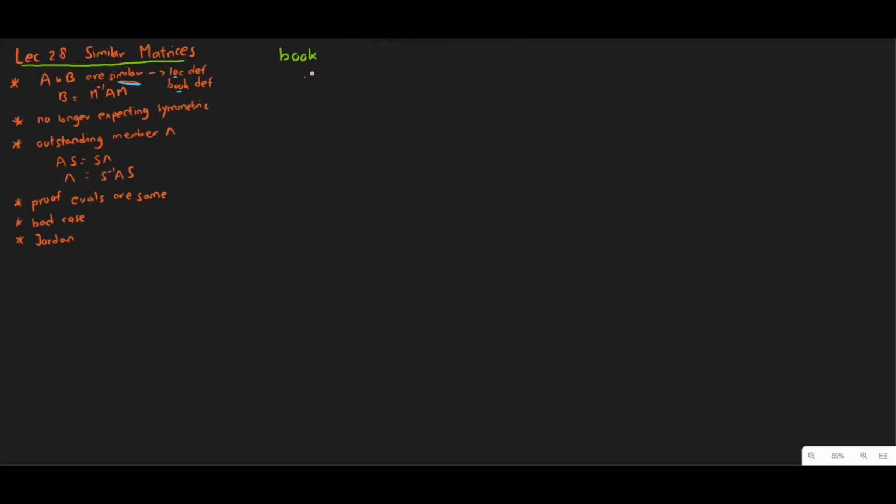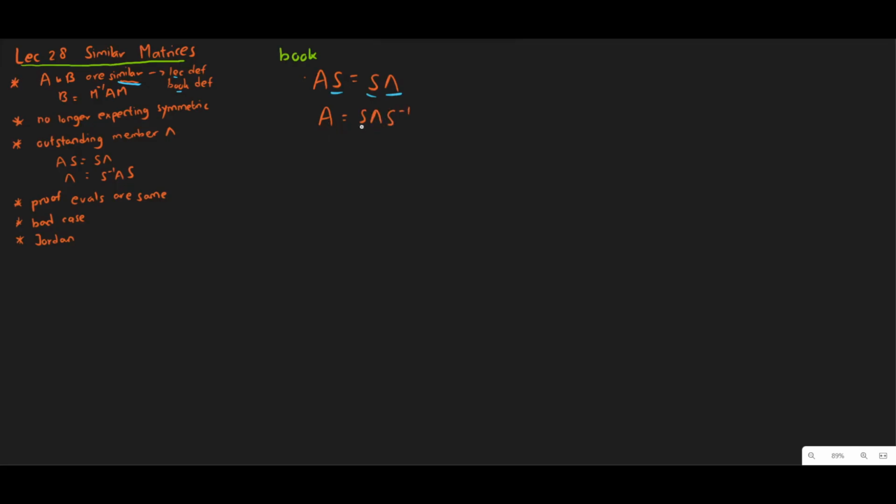So it all comes from diagonalization. Remember that S is our eigenvector matrix, and this capital lambda is our eigenvalues matrix. Then remember, you can move the S to the right-hand side, and then you have S inverse here.